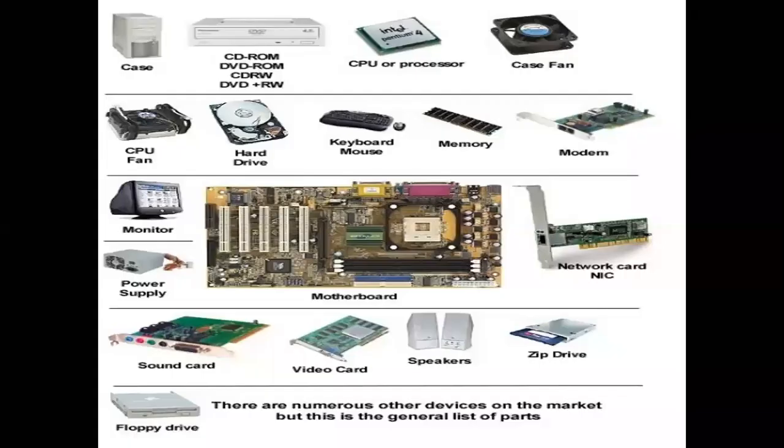We have the casing, then CD-ROM, microprocessor, then a fan in order to cool the processor, CPU fan, hard drive, power supply fan, modem, RAM, keyboard, hard drives, monitor, power supply, and this is the entire motherboard, in which we integrate all our components in our computer system.